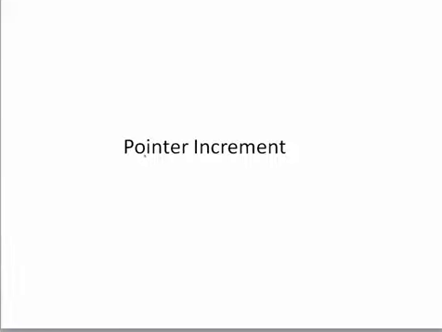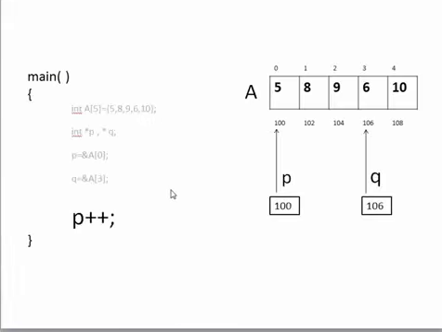Next, the first arithmetic operation is pointer increment. If I write P plus plus, plus plus means it's not just adding 1 to the pointer. Here plus plus gives the meaning move to next element, because the pointer is storing the address of this integer.